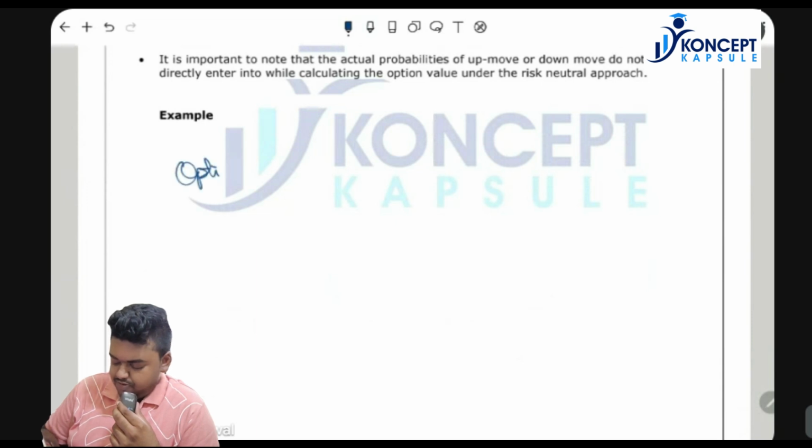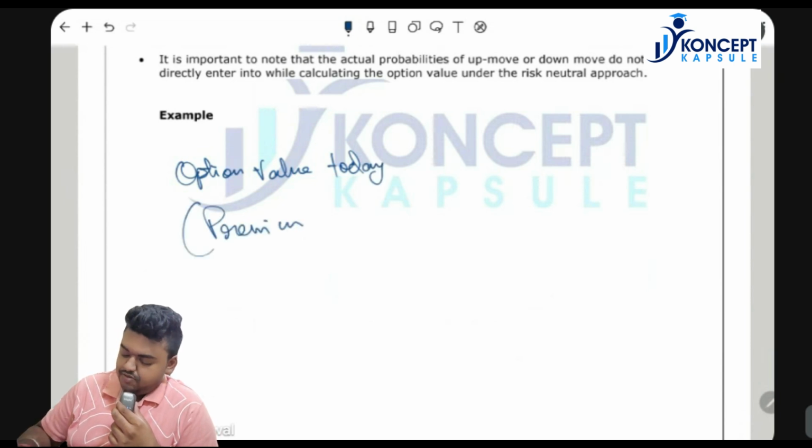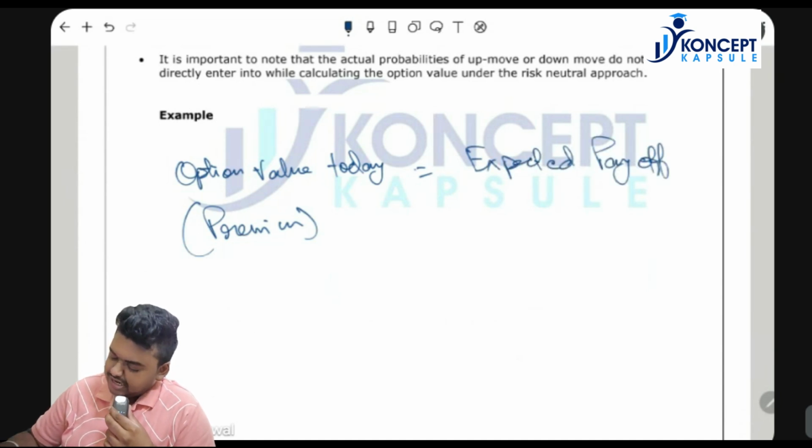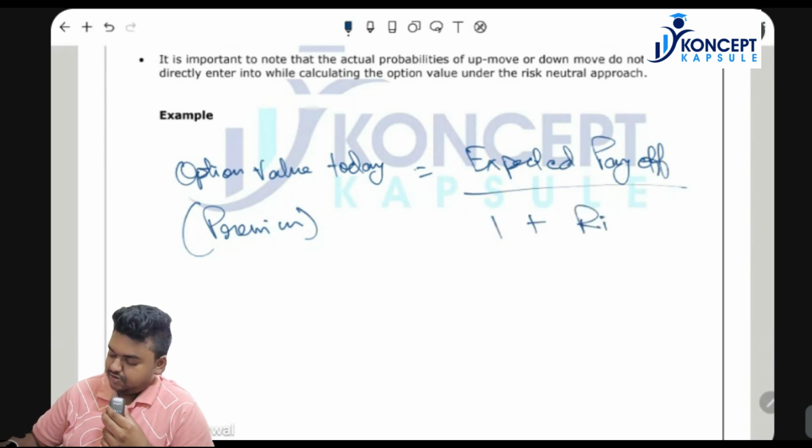Option value today, or you can say premium, is equal to expected payoff divided by 1 plus risk free rate.